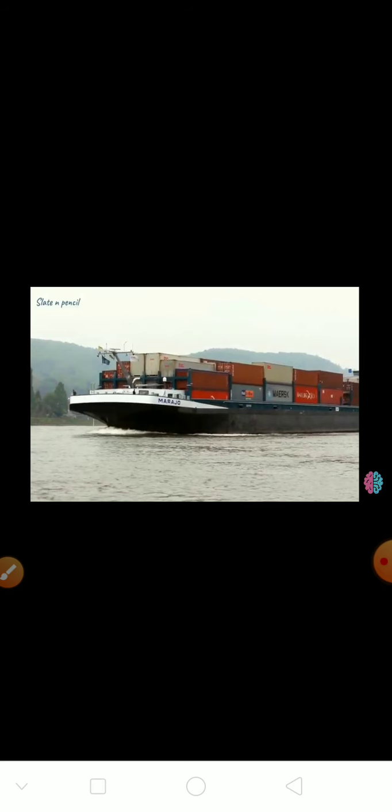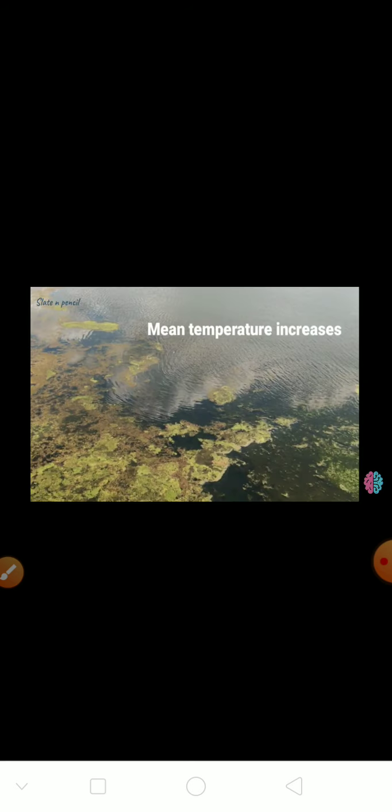The result is that the mean temperature of Earth is increasing, which is known as global warming. This is only one example of disturbance in the balanced state of our environment.